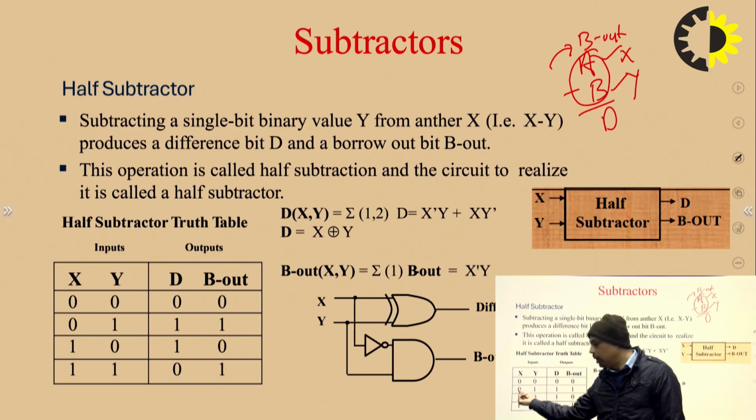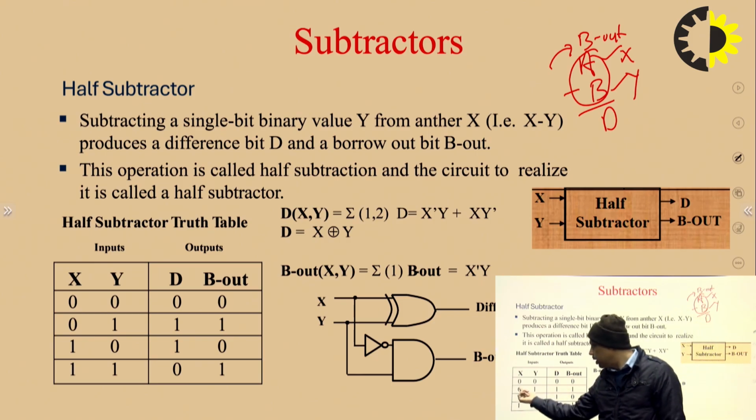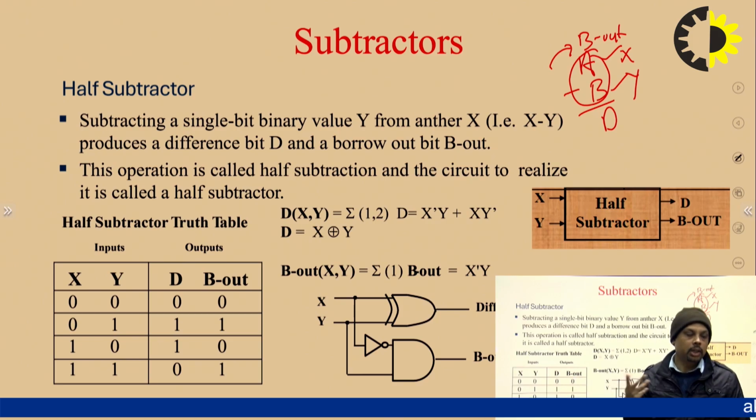When we subtract y equal to 1 from x equal to 0, we need a borrow, because we are subtracting a larger number from a smaller number. So the borrow bit is set to 1, and the borrow is equal to the base of the number system. Here we are using the binary number system, so the base is 2.